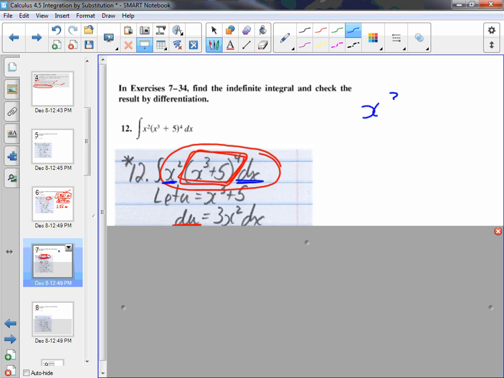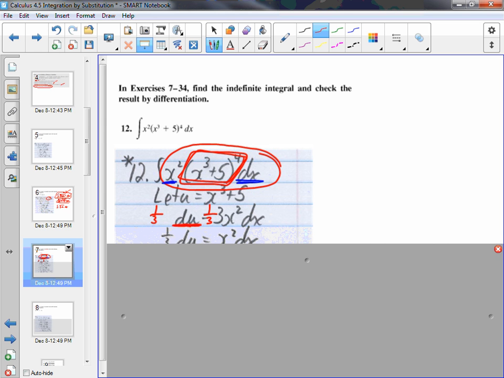What's the derivative of x cubed? So if you multiply both sides of this equation by 1/3, you now have 1/3 du equals x squared dx.